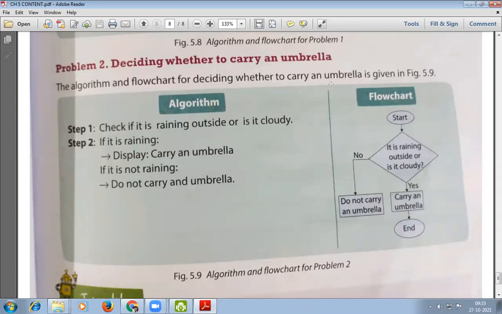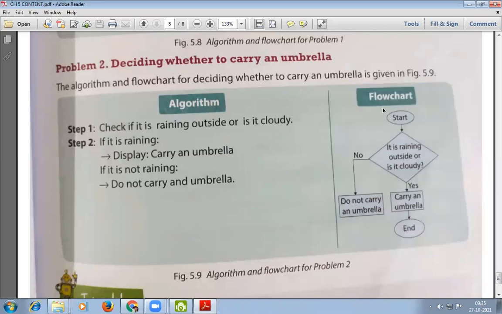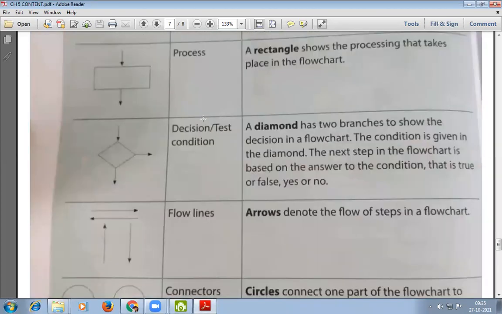So how should we represent it in a flow chart? First, the start symbol. As I have already told you, every flow chart should start with a start symbol. Next, it is a conditional statement, so the decision or test condition symbol should be given here.